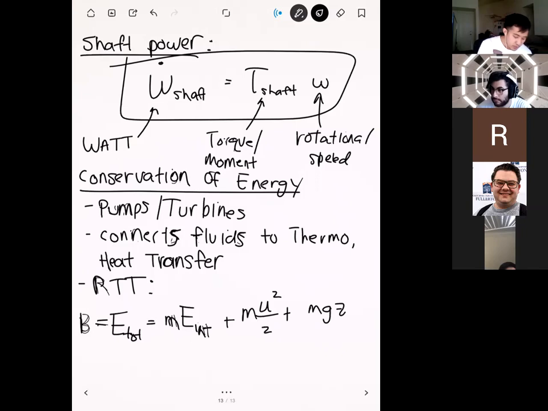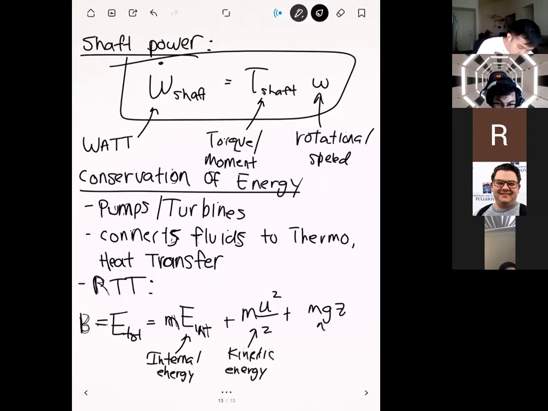And then we have our potential energy. So this is internal energy, this right here is kinetic energy, and this last term right here is potential energy. Those are the three forms of energy that we're going to consider for RTT.